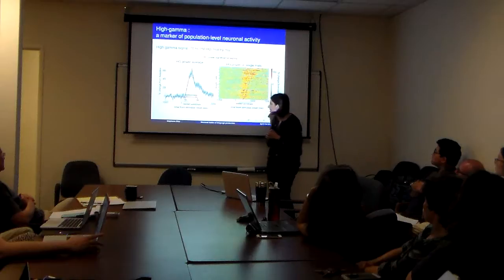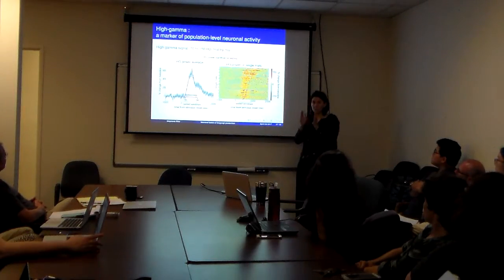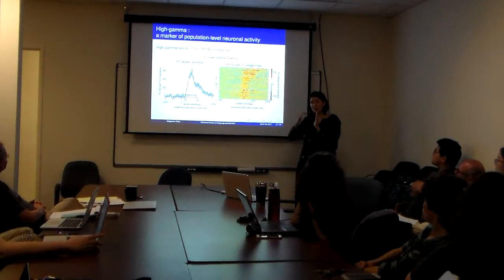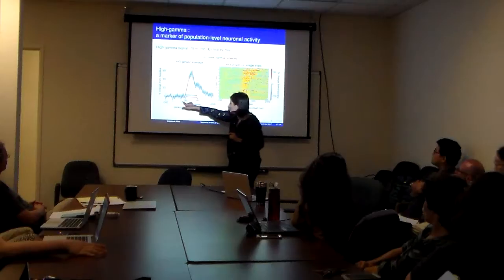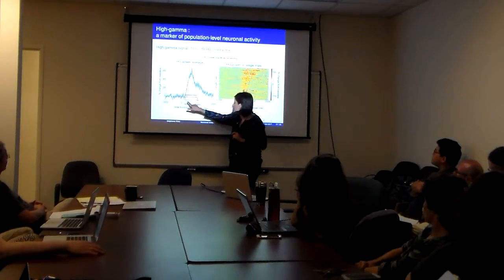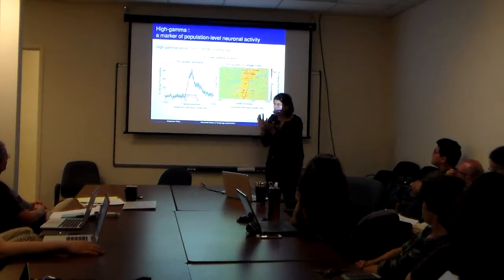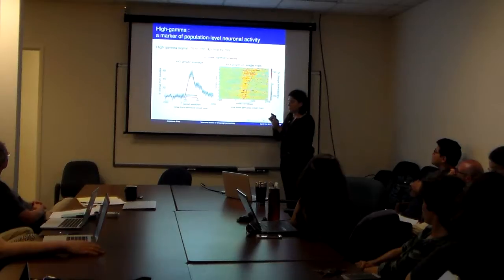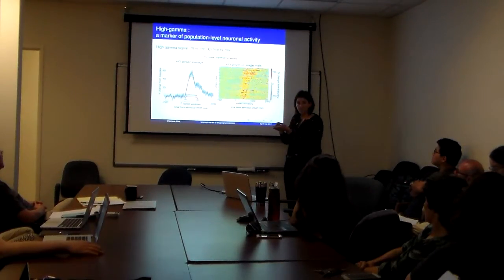I broke down the signal into 200 millisecond time windows between stimulus onset and 1,000 milliseconds after stimulus onset. And I did that also time locked to the response. I took the average of the high gamma over these time windows per trial. So I had one value per time window, per trial, per electrode.